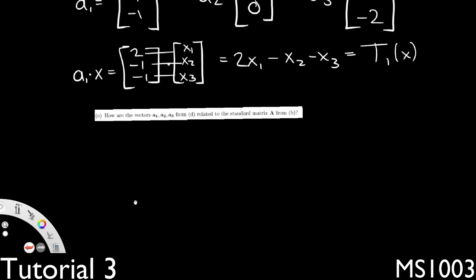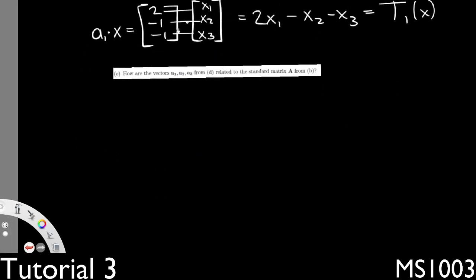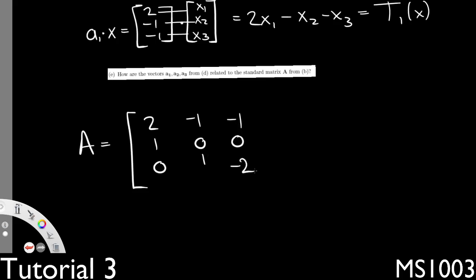So then in part E, it wants us to find how the vectors a1, a2, and a3 are related to our matrix A. If we remember what our matrix A was, it was 2, 1, 0, -1, 0, 1, -1, 0, -2.